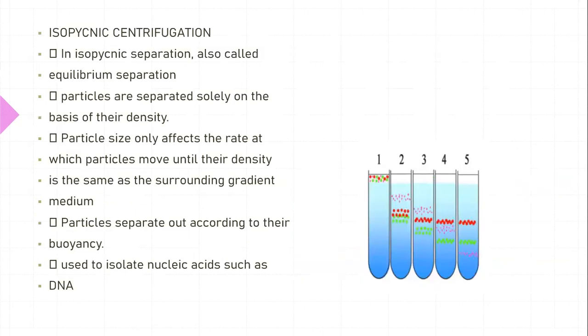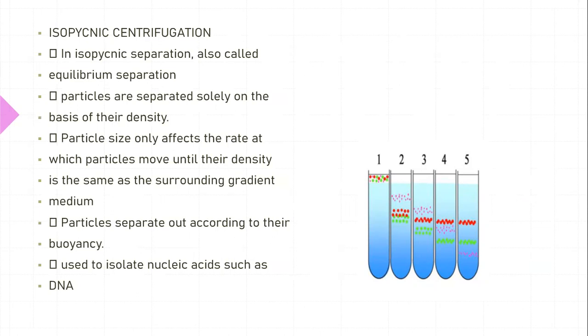Isopycnic centrifugation, also called equilibrium separation. In this type of centrifugation, particles are separated solely on the basis of their densities. The higher density and lower density particles are separated based on the specific densities they possess. Particle size only affects the rate at which particles move until their density is the same as the surrounding gradient medium.